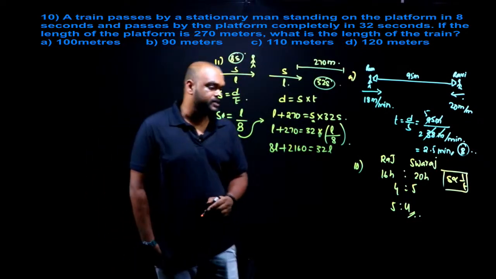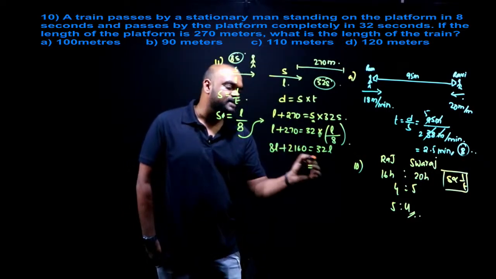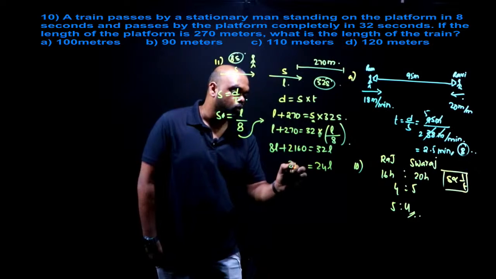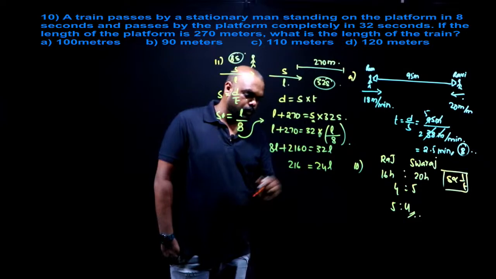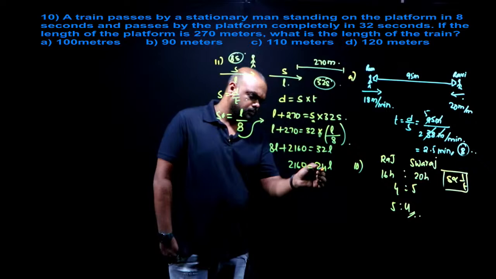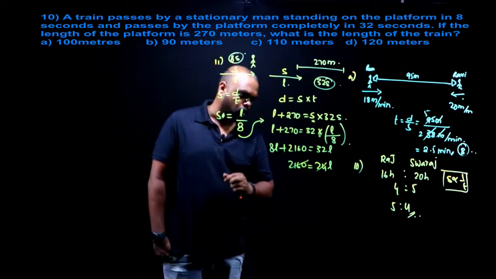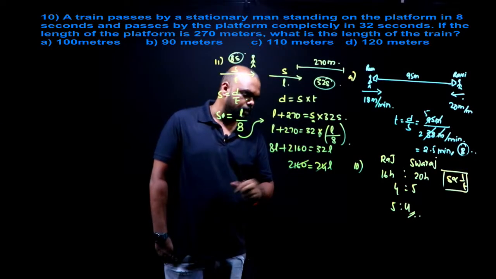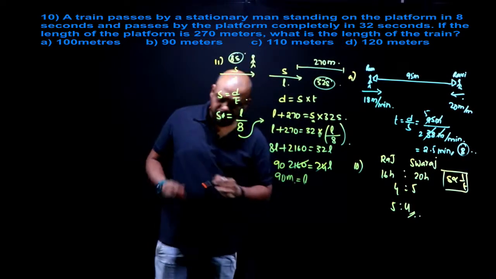Next, 8L goes to the other side. 32L minus 8L is 24L, equal to 2160. Now 24 into which number will give us 216? 24 into 9, if I am not wrong. 180 plus 36. Perfect. 24 into 9 is 216. So the length of the train is 90 meters. That is my answer.